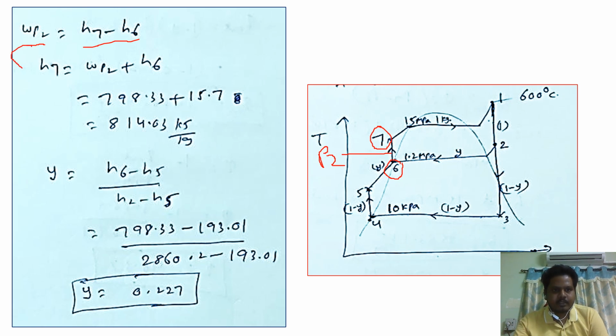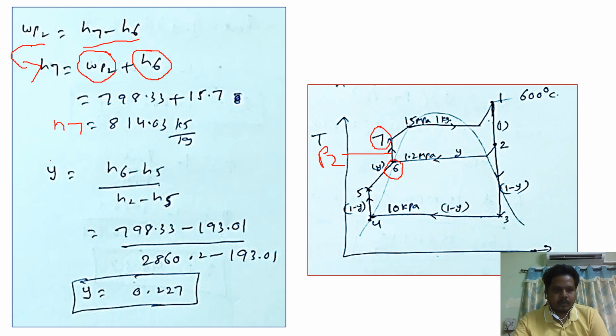So this equation we can write as H7 equals work done by pump 2 plus H6. Work done by pump 2 we already calculated. The H6 value we have taken from the steam table at 1.2 megapascal. Once you substitute the values, you will get the H7 value, enthalpy at point 7, that is 814.03 kilojoule per kg.